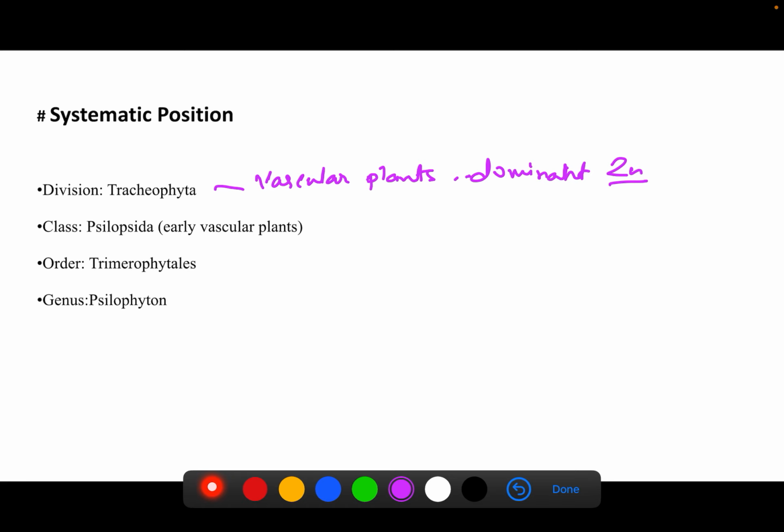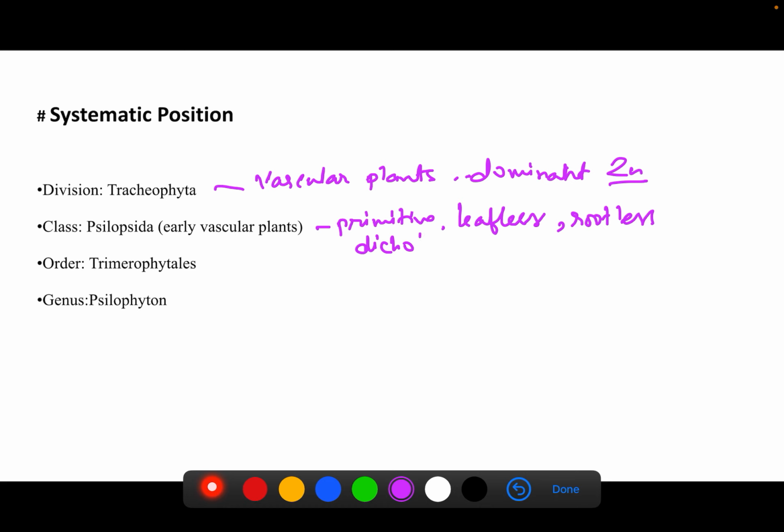Class is Psilopsida. As we have given, these are early vascular plants, so basically they are primitive. Here it is leafless, and rootless, no roots, and of course they are vascular plants. Here also you will find dichotomy, but with little variation.